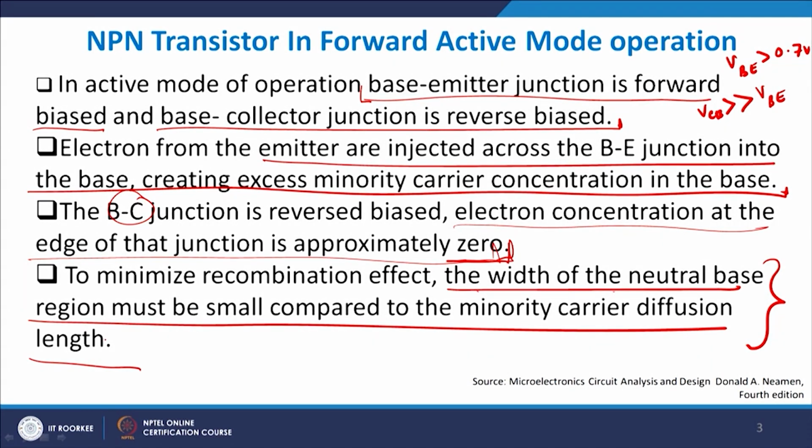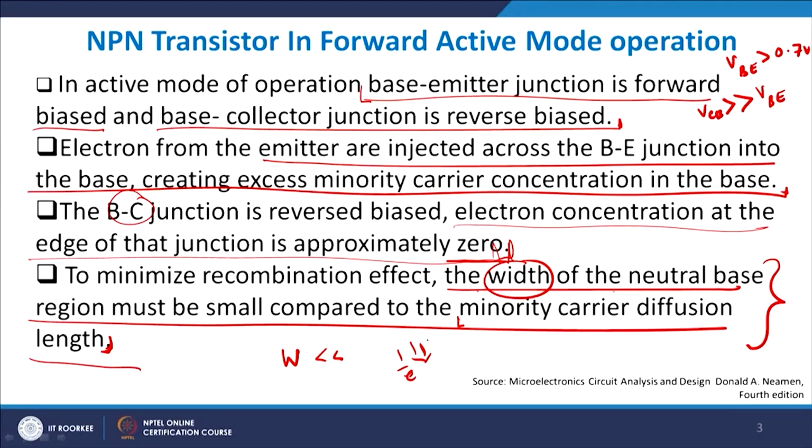Because you initially had p type for an NPN transistor, and now you have minority carrier concentration N inserting into it, trying to make it neutral. The base width W, the width of the neutral base region, must be very small compared to the minority carrier diffusion length. What is the minority carrier diffusion length?